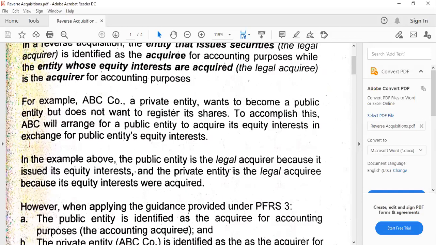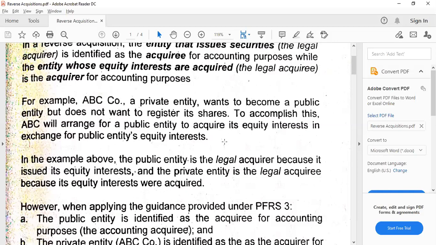However, accounting-wise, substance over form, the public entity actually becomes the acquiree and the private entity becomes the acquirer. So I guess this has to go with the wordings of the standard. The private entity initiates. To accomplish this, the private entity arranges for a public entity to acquire it.